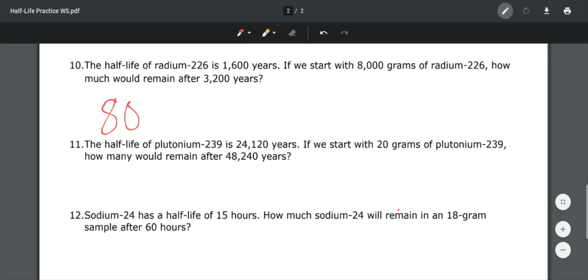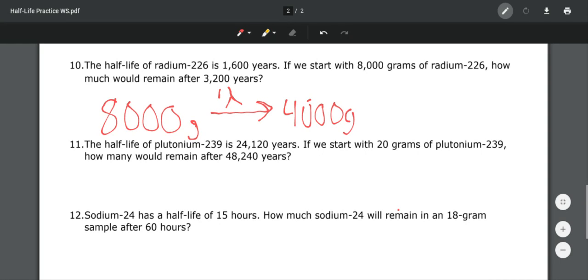If I start with 8,000 grams, in 1,600 years I'm going to be down to 4,000. That's my first half-life.